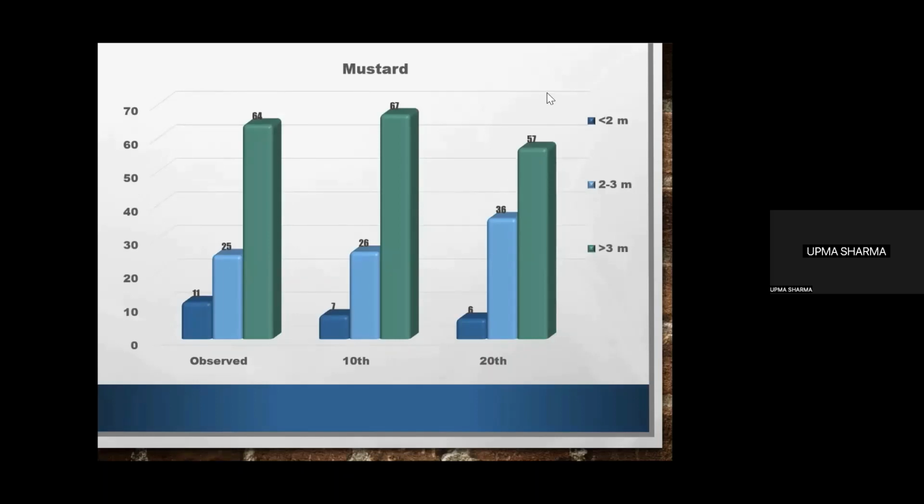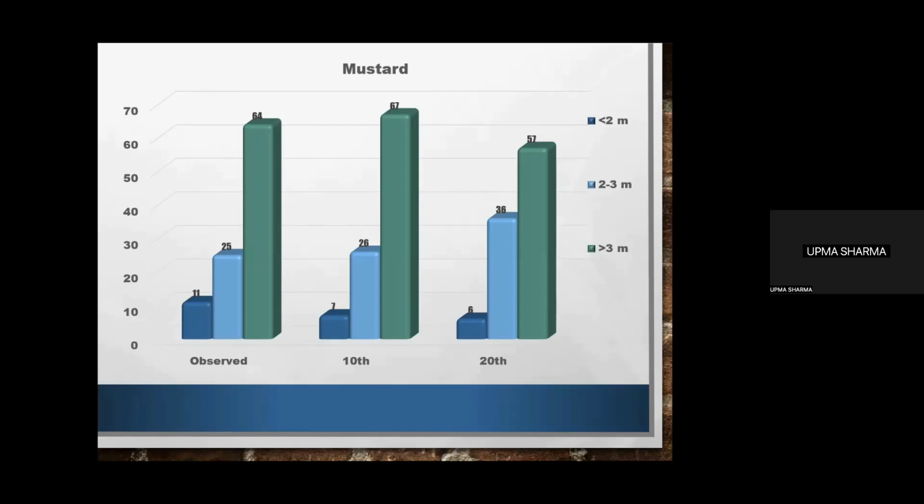Then for the mustard crop, you can see the potential highly waterlogged area has decreased first in the 10th year, then in the 20th year also, mostly because mustards are grown in the area where the OFD program has been implemented, the area has been treated by the OFD programs as well as by SSDs.